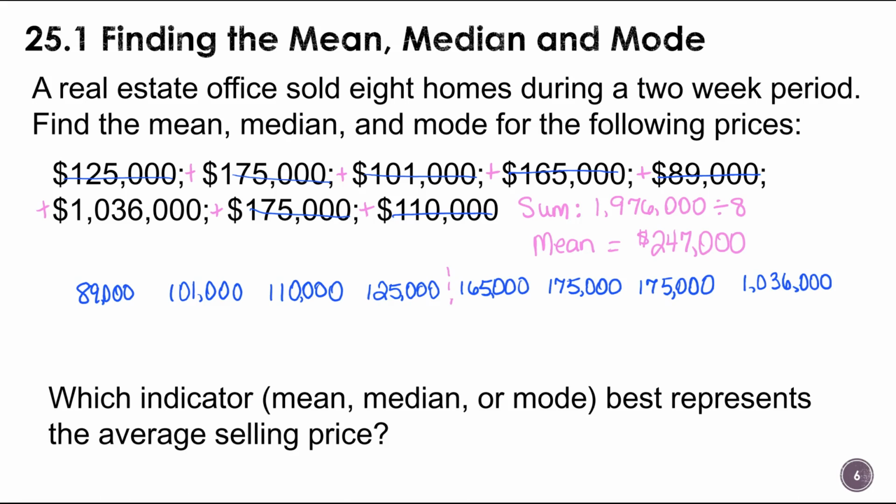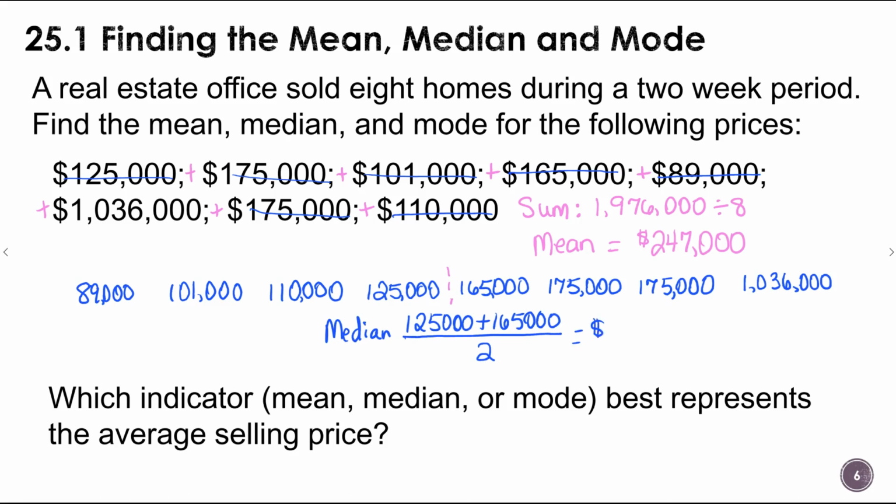Now I'm looking at this saying, oh, it's 145,000 because I know that that's going to be right in the middle. But you may not look at it and say that. So let's add those together, 125,000 plus 165,000. And then we're going to divide that by 2. Okay, and so if you add those together, you're going to get 290,000 and divide that by 2, so it's 145,000.